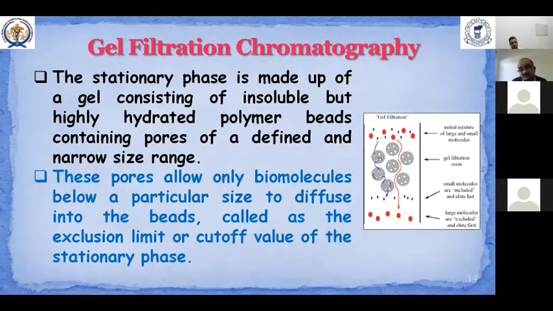So what happens? The smaller molecules have more fluid accessible to them, and that includes the fluid present outside the beads as well as inside the beads. Whereas larger molecules have less fluid accessible, and that is why they move faster through the gel as compared to smaller molecules, which have a larger volume of fluid accessible to them.